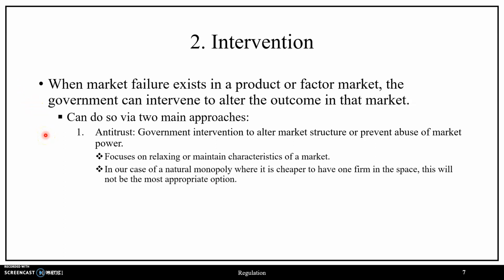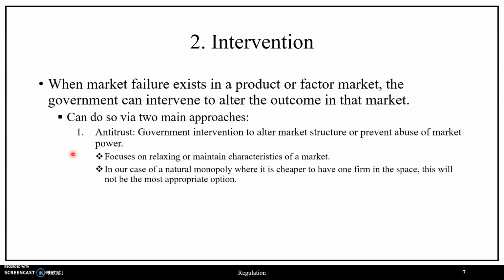The first is going to be antitrust, where this is government intervention to alter market structures or prevent abuse of market power, where this focuses on relaxing or maintaining characteristics of a market. If we have an oligopoly and we have antitrust going on, the government will try to prevent oligopolists in that industry from merging to form a duopoly or, say, monopoly market structure.